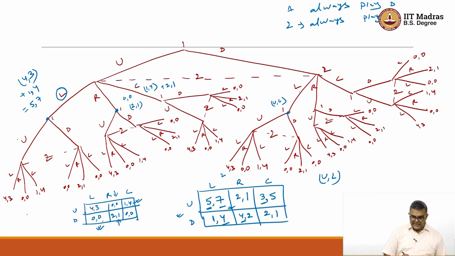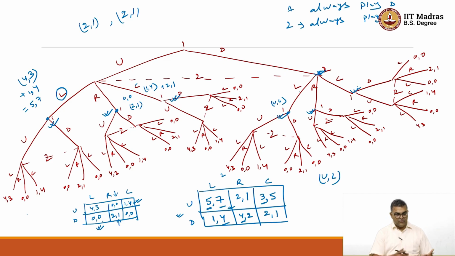In all the second stage subgames, the payoff is going to be 2 comma 1, 2 comma 1. In all the, here also 2 comma 1, here also 2 comma 1, here also 2 comma 1. Sorry, not here. Here 2 comma 1, 2 comma 1, 2 comma 1, always 2 comma 1.